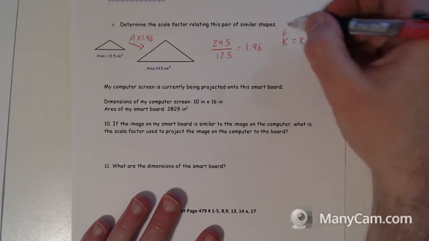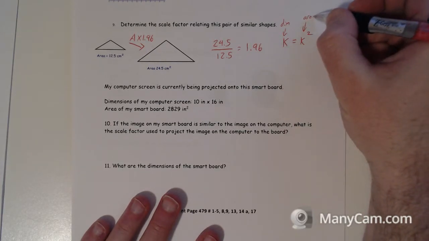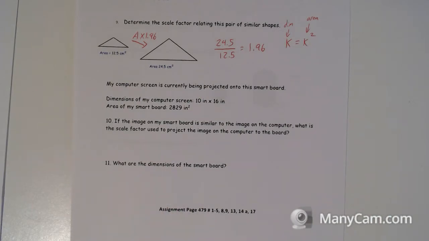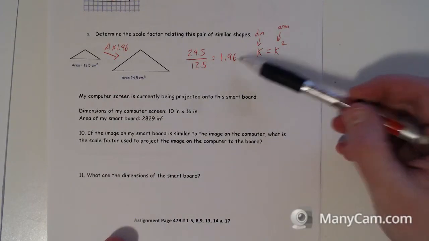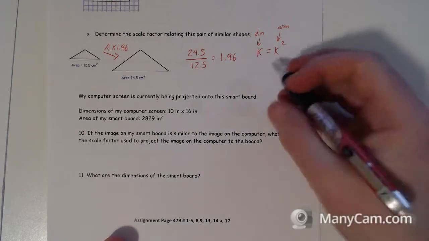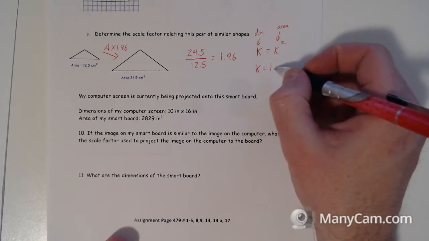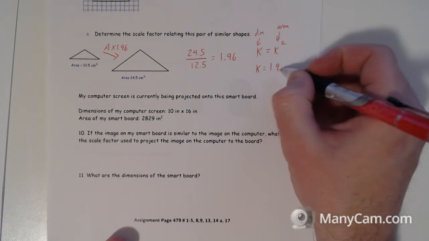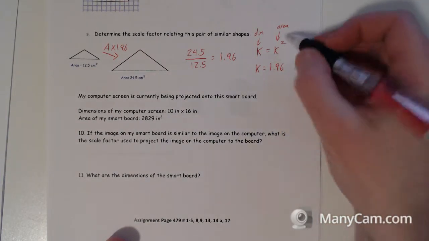So this is dimensions, this is area. Whatever this number was, that's actually the squared version of the original. So the k that we're looking for is equal to 1.96, but that's the squared version.